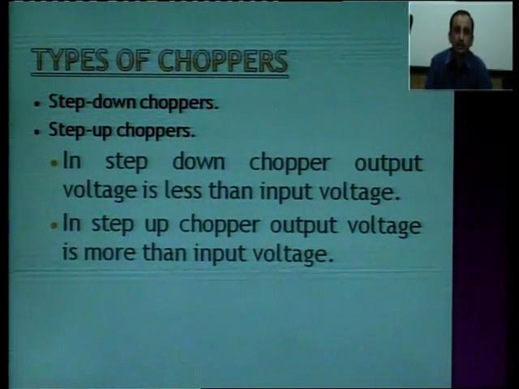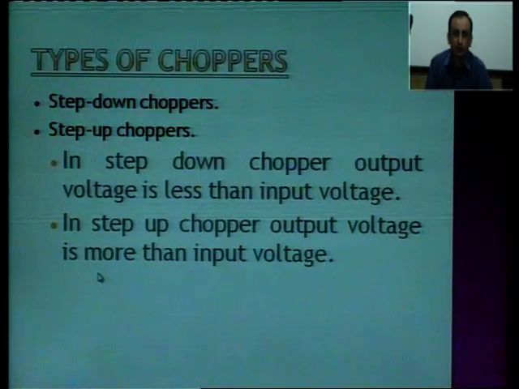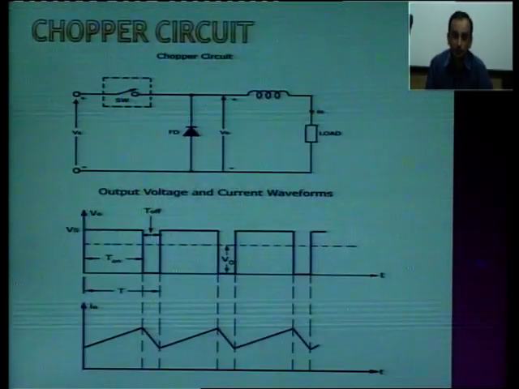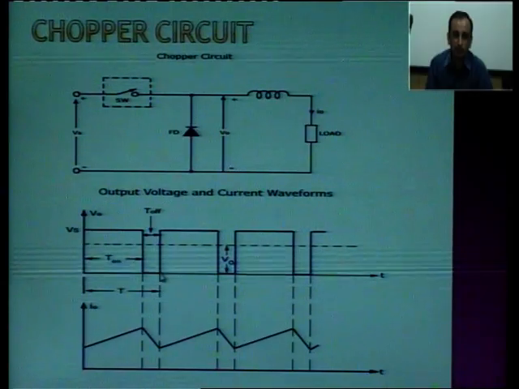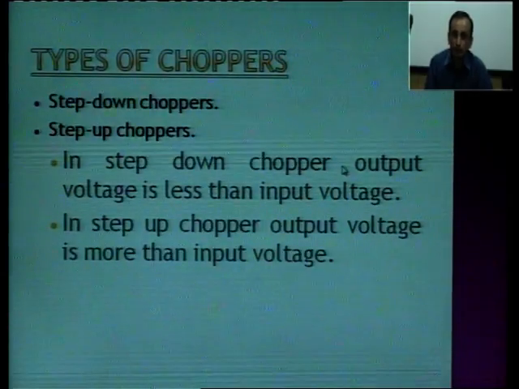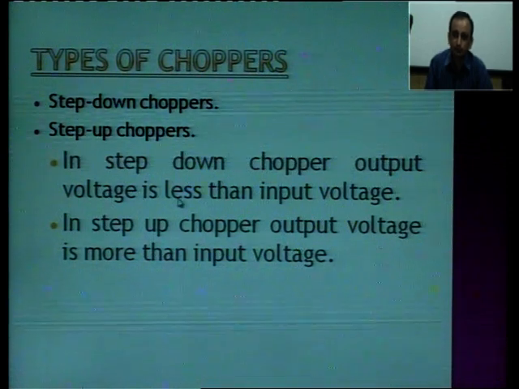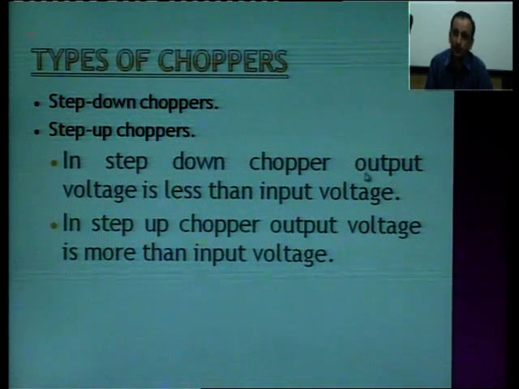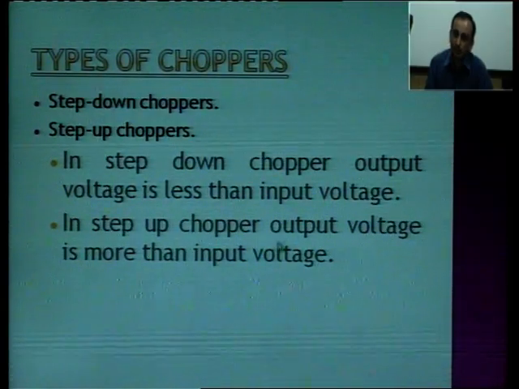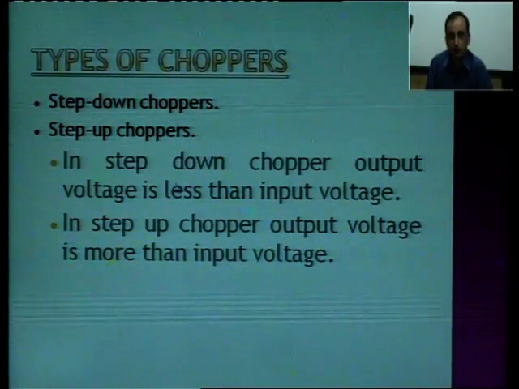We can increase the voltage at the output, or the voltage will be lesser at the output, because the average voltage we are applying is less if we keep it on for only some time. So, in a step down chopper the output voltage is less than the input voltage. In a step up chopper we get higher voltage at the output, and in a step down chopper we get the lesser voltage.